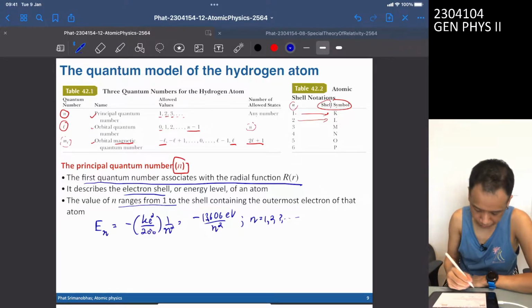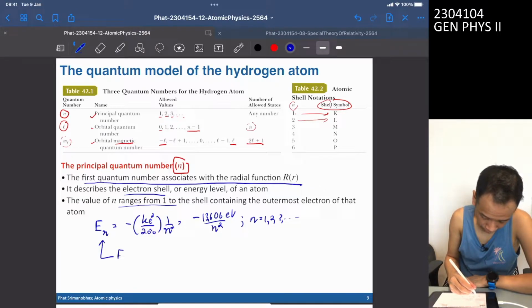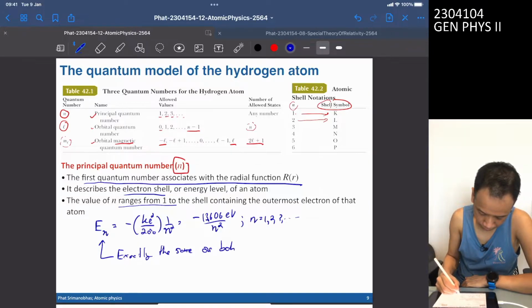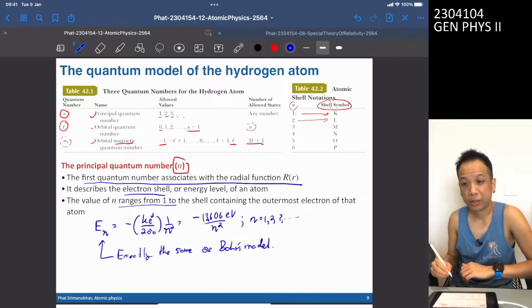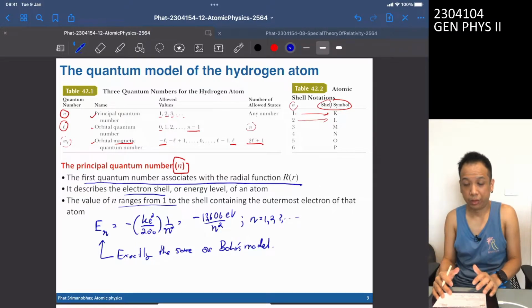Again, this is exactly the same as the Bohr model. We reached the conclusion from a different point.